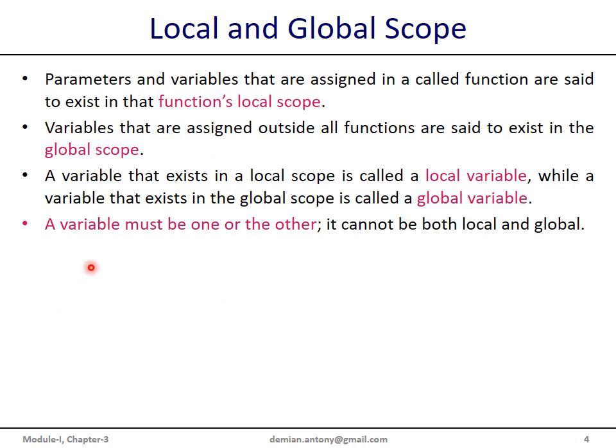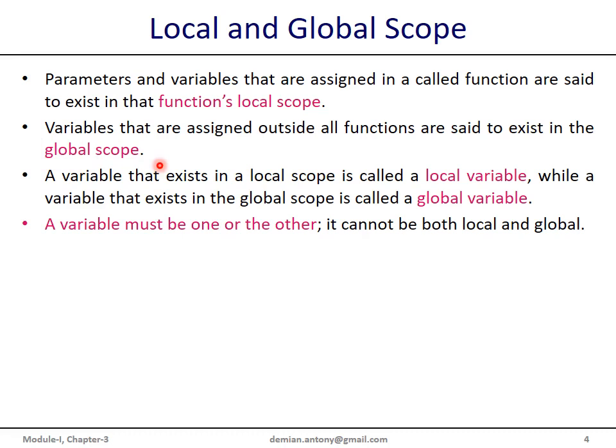The parameters that are defined in the function header and the variables that are assigned within a function are said to exist in that function's local scope. Similarly, variables that are assigned outside the functions are said to exist in the global scope.